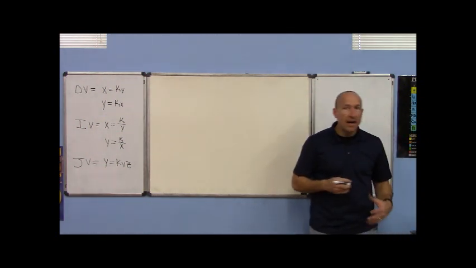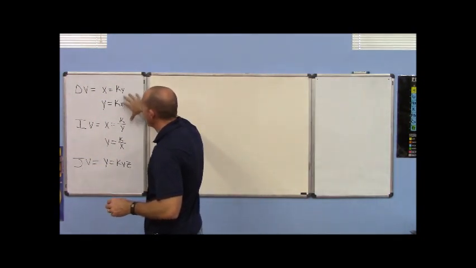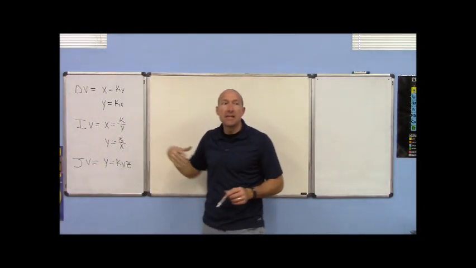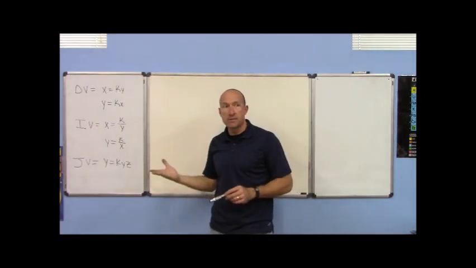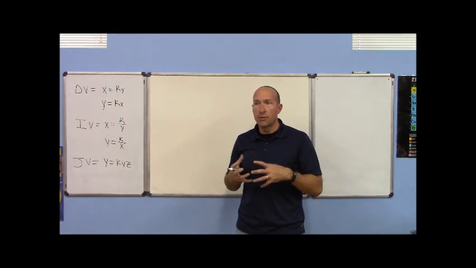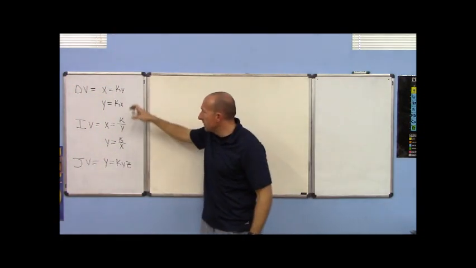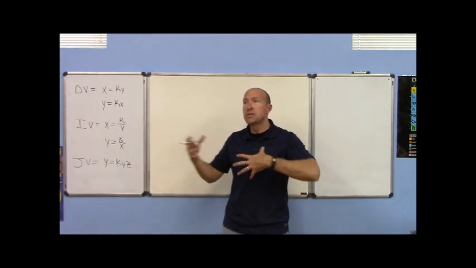So, consider that. Now, what's going to happen is you are going to be given information about these. Okay, you may be given a value of k and a value of x, or a value of y. Simply substitute your information into each of these and solve. It's actually not that hard, but you will see what happens.